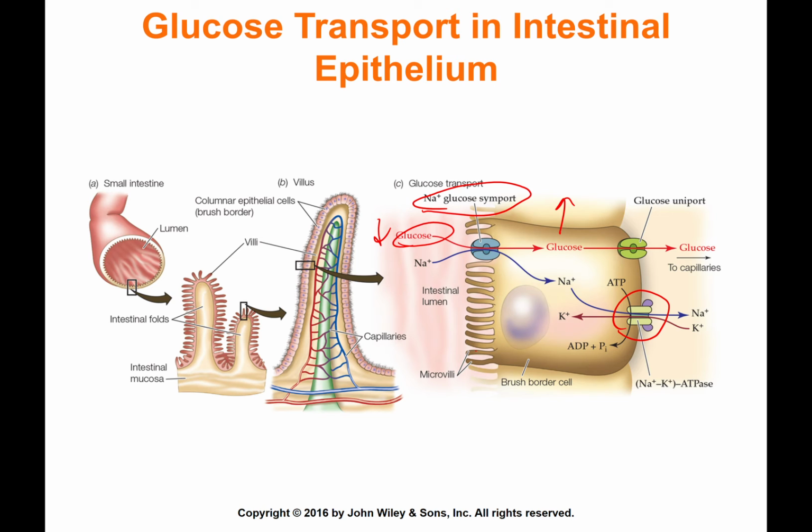Well, the movement of sodium to the inside is favorable. There's already a high concentration of sodium on the outside and a low concentration inside, so the sodium really wants to enter the cell. It's energetically favorable: we have a negative delta G for sodium to enter the cell. We have a positive delta G at times for glucose to enter the cell.